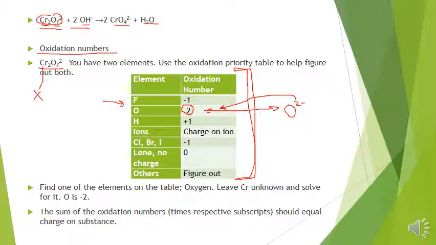Okay, so what that means is, I'll write this out in a second, 2, because there are 2 chromiums, times X, the unknown oxidation number for chromium, plus 7 times -2, okay, has to equal -2. Okay, now notice here it's a 2 minus, and here it's a -2, all right?